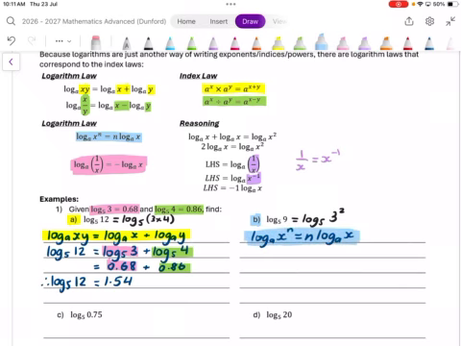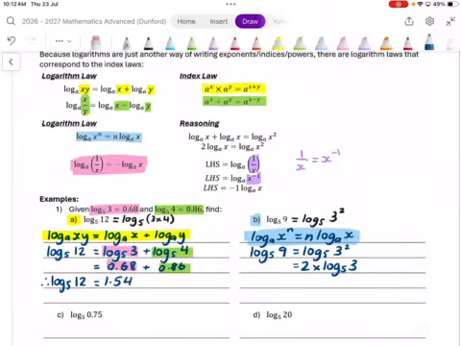So what we have is that log base 5 of 9 is equal to log base 5 of 3 squared. Now, what happens with that squared is it's our n value, and our n value, or our power, comes down the front. So we'll have 2 times log base 5 of 3.